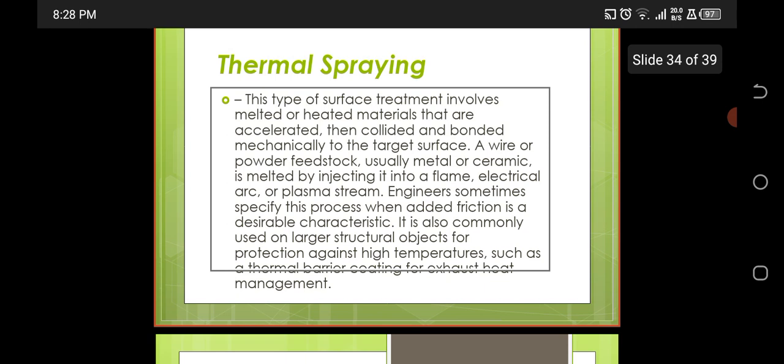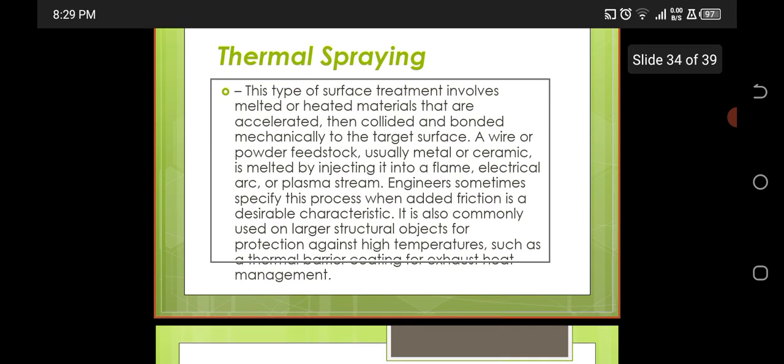First of all, we involve the melting or heating of the material that is coated on the surface of the other material, and then it is accelerated. Why is it accelerated? It is accelerated so that it can collide with the target more effectively.